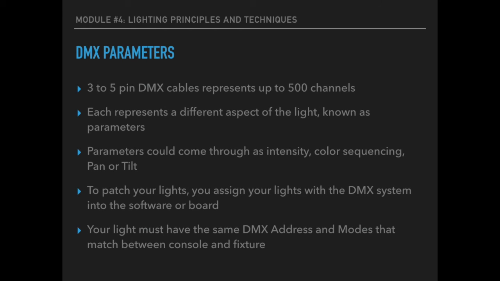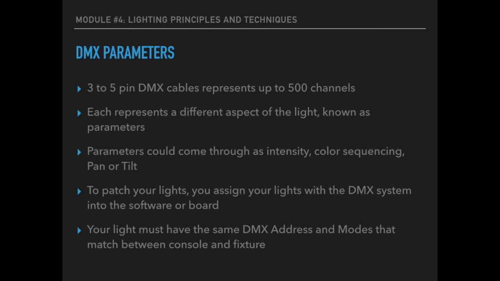Okay, another important thing to talk about with DMX is the parameters. There are 3 to 5 pins most often in these DMX cables that represent up to like 500 channels. It's a pretty crazy amount of possibilities just from that one cable. Each represents a different aspect of the light. All these channels are known as parameters.